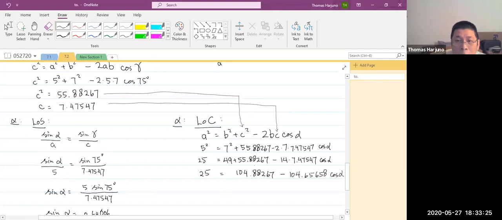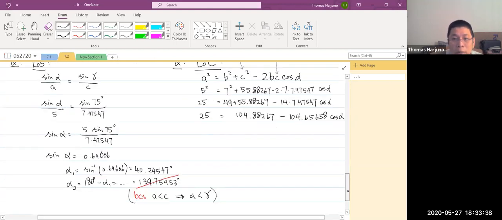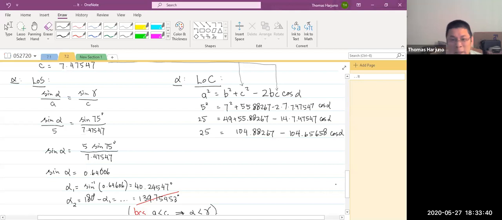Oh, by the way, you cannot combine these two. You cannot combine this term with this term because they are not like terms. Okay, so please don't do that. What I can do, however, is let me do it this way. Let me subtract by 104.88267.